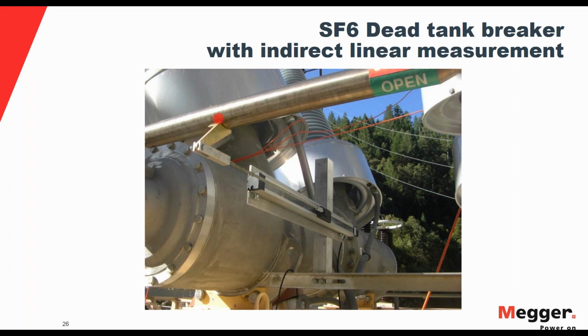This arm rotates like this or this, and this will move the arm in the transducer. So this is, we can call it an indirect connection to the interrupters or contacts inside the breaker, but still a major value that we can get, and we can maybe do some analysis with it further on.